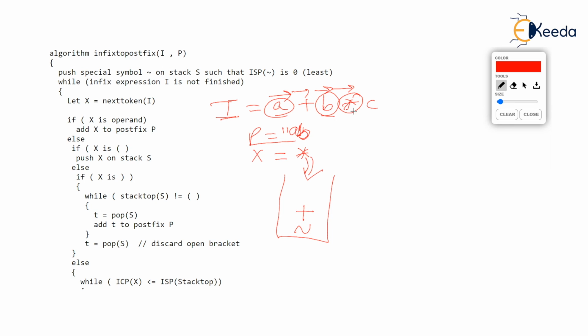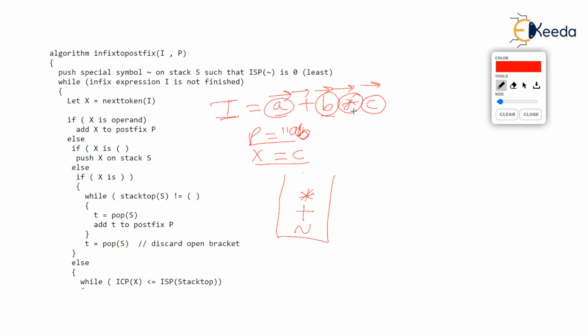Yes, plus has lower priority. Incoming operator multiply, world knows multiply has higher priority than plus. So multiply easily goes on top of plus. Okay. Next token we get is C. But C is an operand. So as C is an operand, we will add it to postfix.